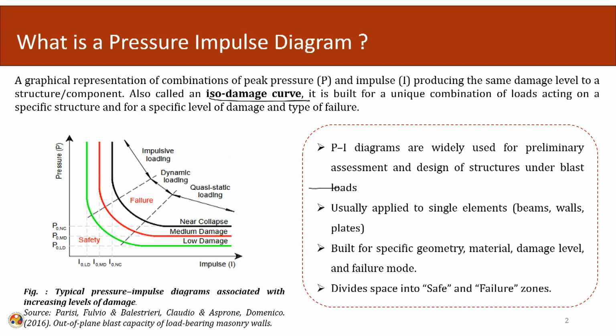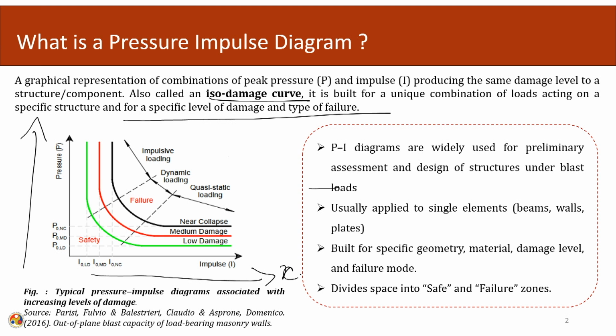It is built for a unique combination of load acting on a specific structure, for a specific damage level and any type of failure. Here on the y axis we are representing pressure, and on the x axis the impulse.